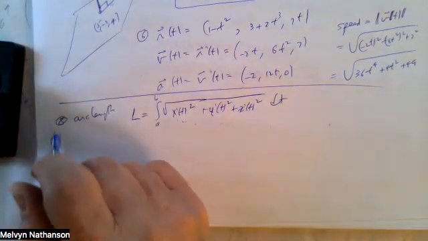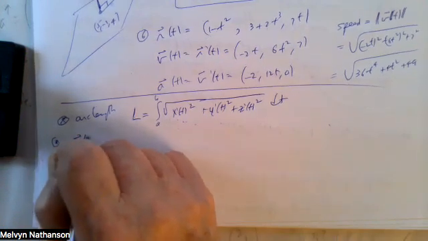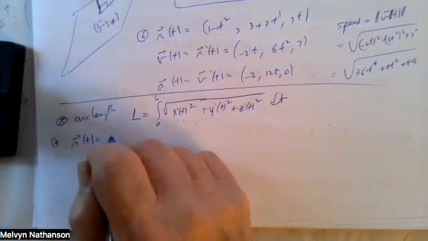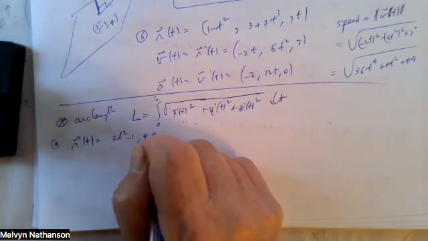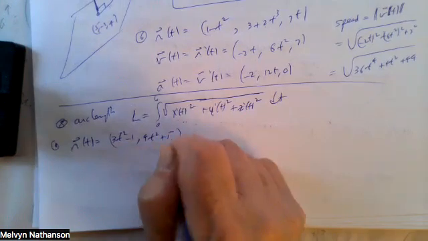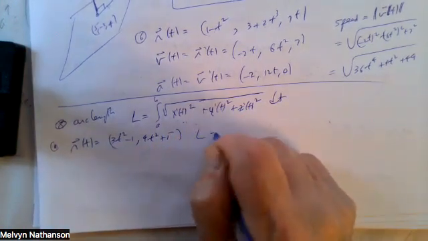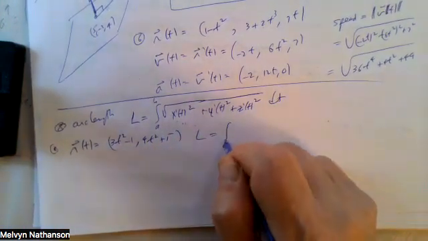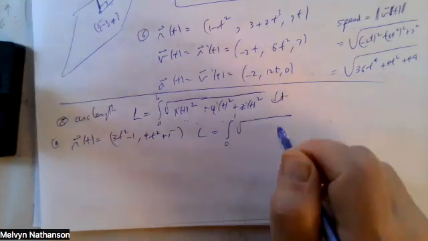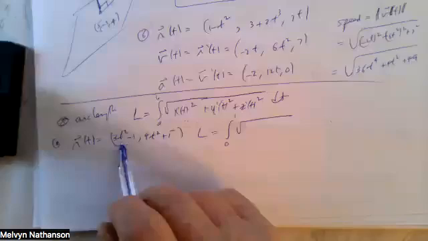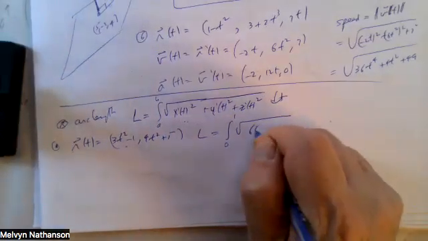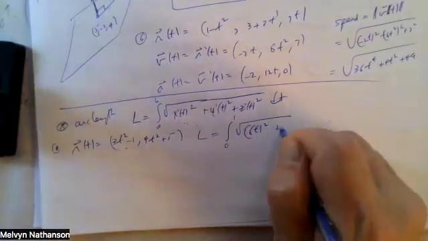So in part A, we're in the plane. R of t is 3t squared minus 1, 4t squared plus 5. So L is the integral, t goes from 0 to 1, of the square root of the sum of the squares of the derivatives. The derivative of 3t squared minus 1 is 6t, so we're squaring that.